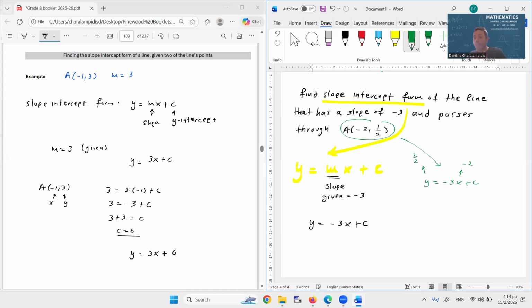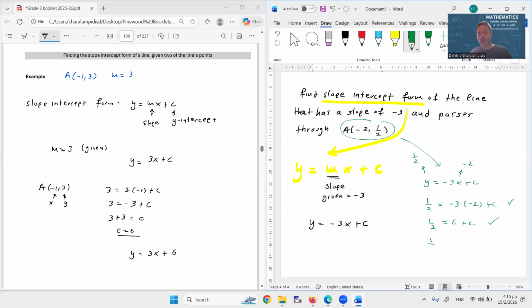And simply because of the theorem that states again that this point lies on a line because its coordinates, when substituted, will create a true statement. So I know that if I do this substitution, 1/2 equals negative 3 times negative 2 plus c, this is true. So 1/2 is 6 plus c. This is also true.